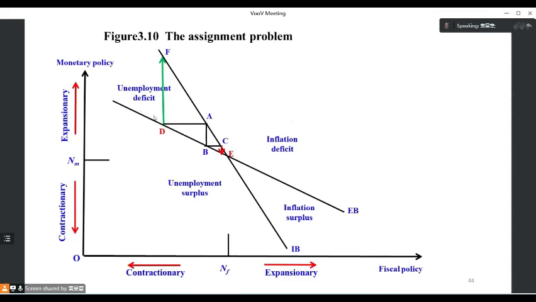In this zone, there are unemployment and deficit. And in the second zone, we can find this country has inflation and deficit.